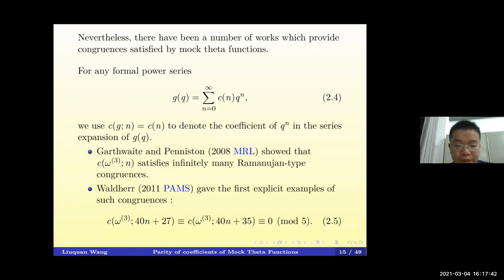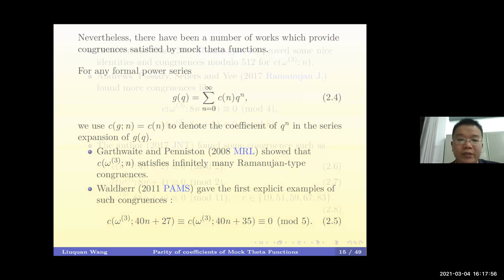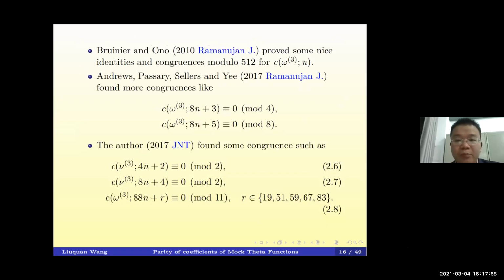He proved that C_omega(40n+27) and C_omega(40n+35) are both divisible by 5. So these are the first explicit examples. And Bringmann and Ono proved some nice identities and congruences modulo 512 for the coefficients of omega(q) again.